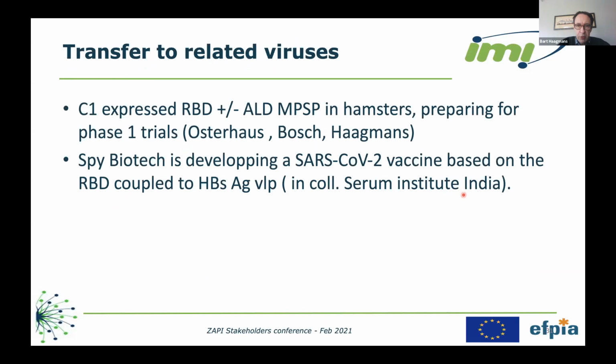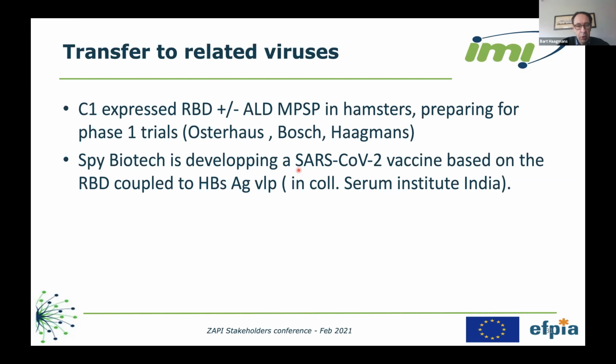So this more or less closes, and we're still analyzing this in a llama model. But for sure, this was of interest, not only for us, but also many groups. And there are 2 slides to show that we're working on a C1-expressed RBD together with the ADIC to see whether we can move the preclinical experiments with this setup for SARS-CoV-2 into a phase 1 trial.